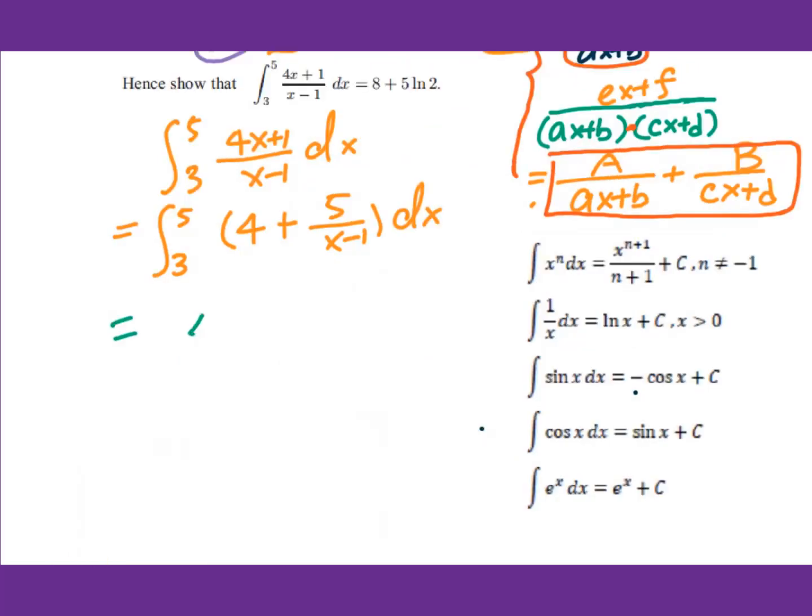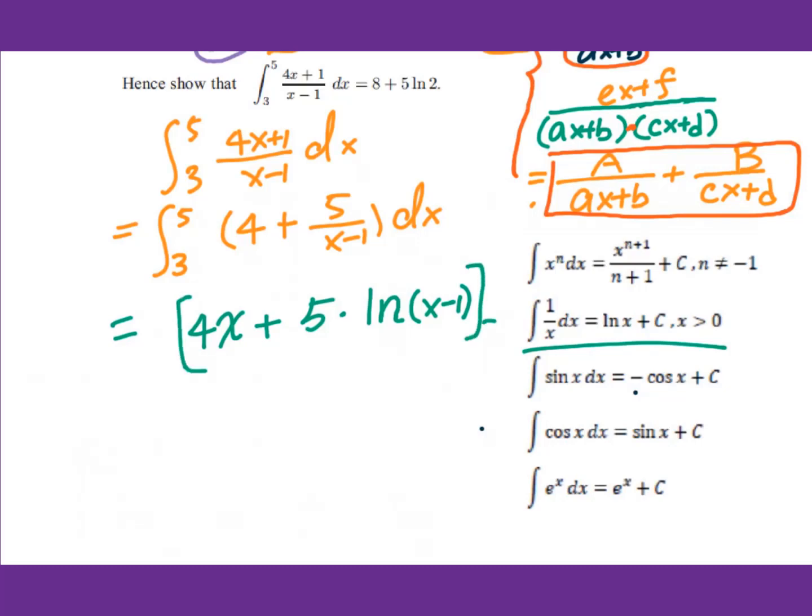So we get the constant, that is 4x plus, according to this formula, 5 times natural log of (x minus 1). Since the coefficient is 1, that's 1 over 1, still 1. Then it's from 3 to 5.